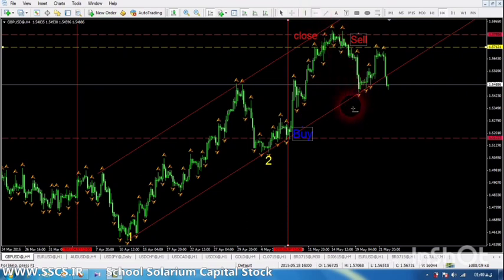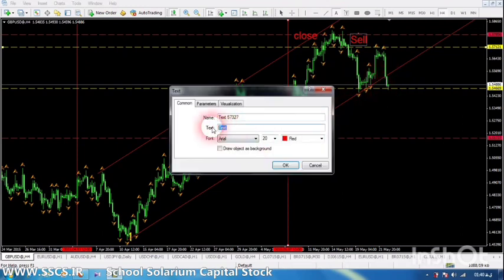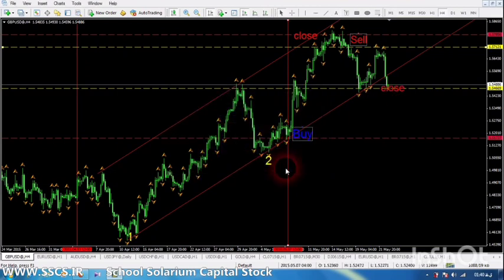And in the lower wall here, when the price is close to my lower wall here, I can close the deal again. So as you can see, based on the trend line, I've had two very good opportunities to trade.